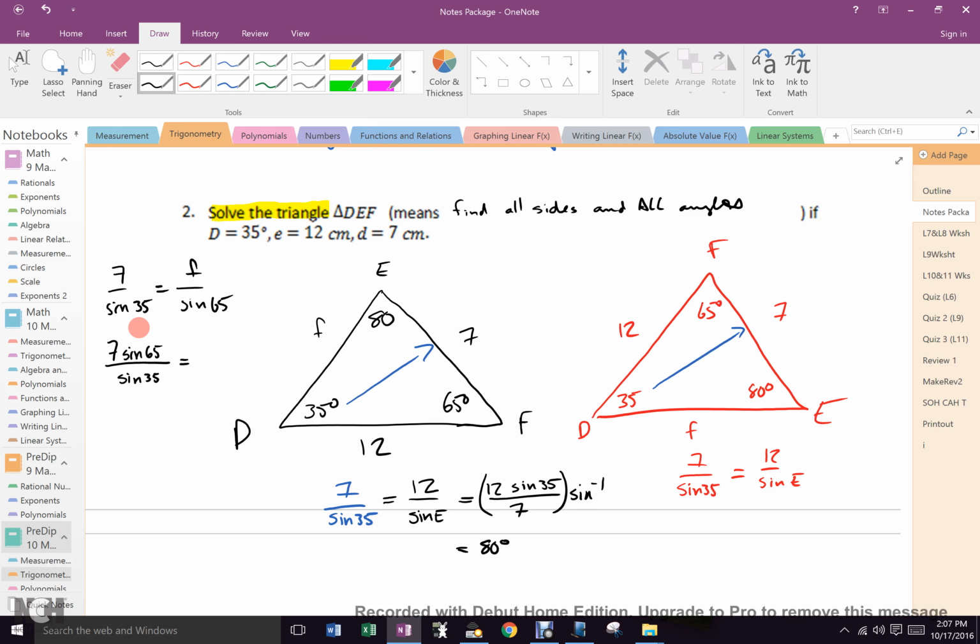And what do you get? 11. So F is 11. And that would have worked on both. Is everybody good with sine law? What's the only thing you need to do sine law? Any pair. Okay? Once you have an angle on its opposite side, you can do sine law. Everybody good?